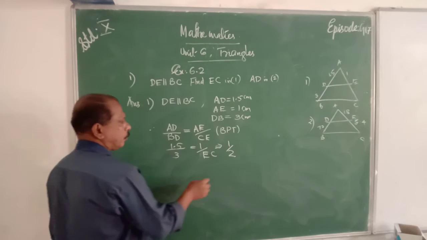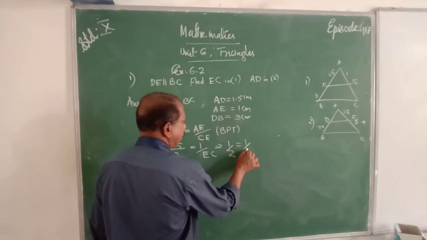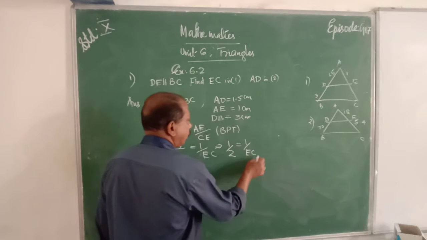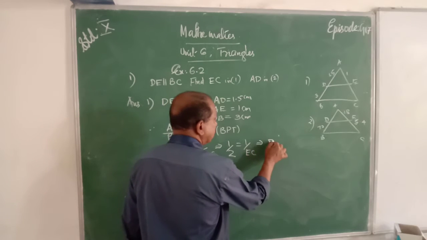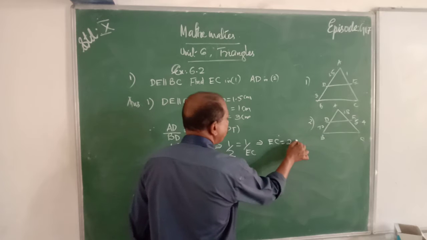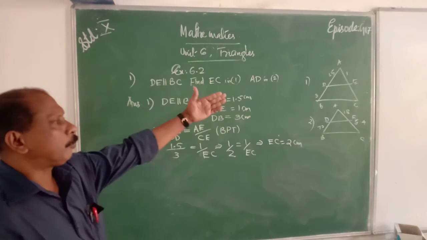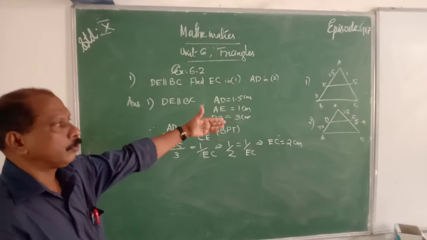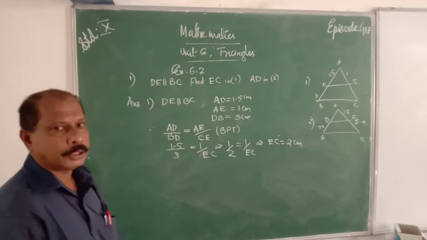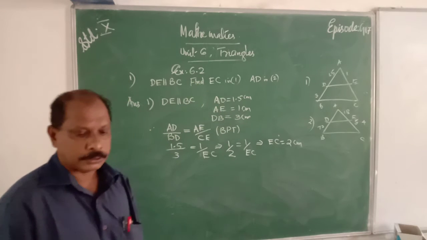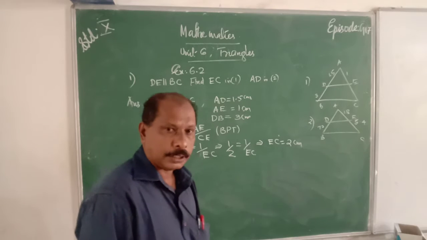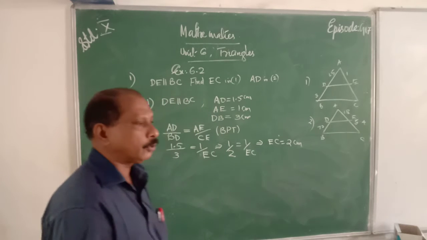Therefore, it is 1 by 2, is equal to 1 by EC. Therefore, EC is equal to 2 centimeter. That is 1.5 by 3, which is 1 by 2; both are the same. Therefore, the relation is the same. Therefore, EC is equal to 2 centimeter. That is the answer to the first question.